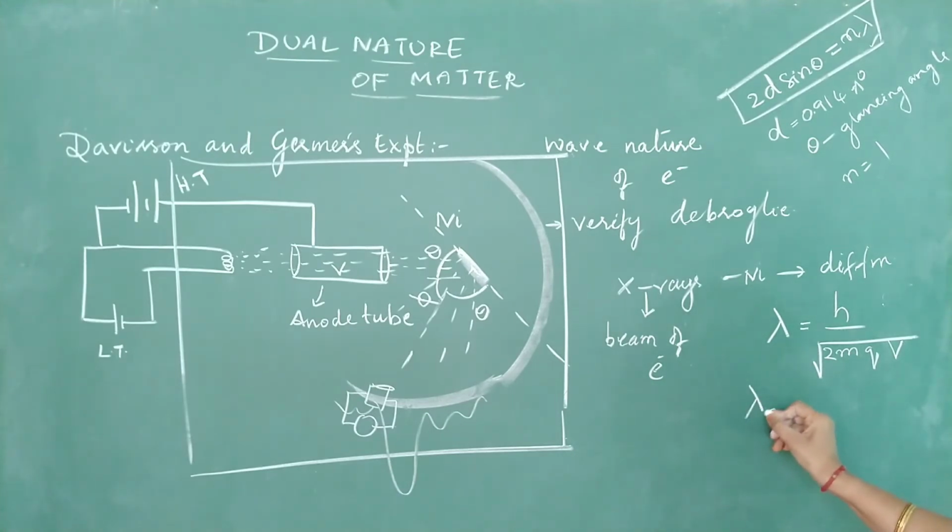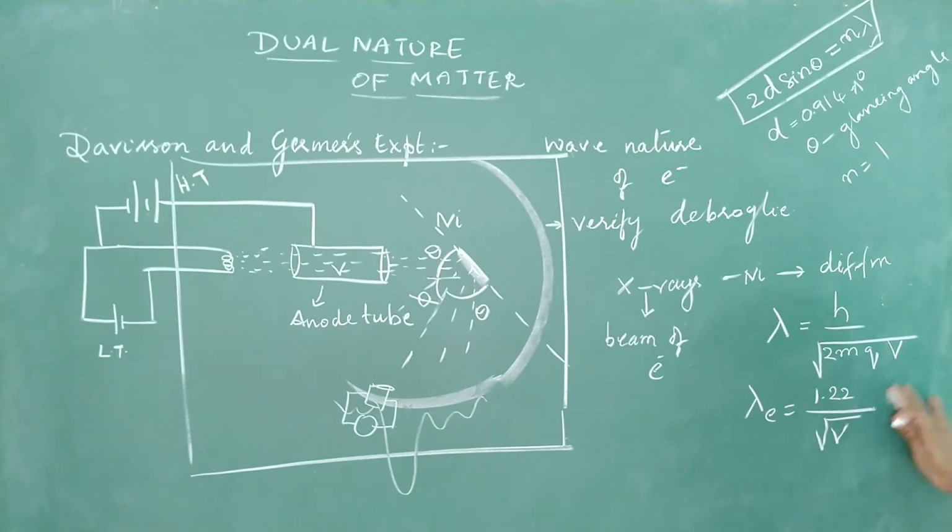So for electron, h is constant, we know the mass, we know the charge. When you put all these values, it comes out to be 1.22 by under root V nanometer. If you want to write it in angstroms, it is 12.3 angstroms, or 1.23 nanometer divided by square root of V.